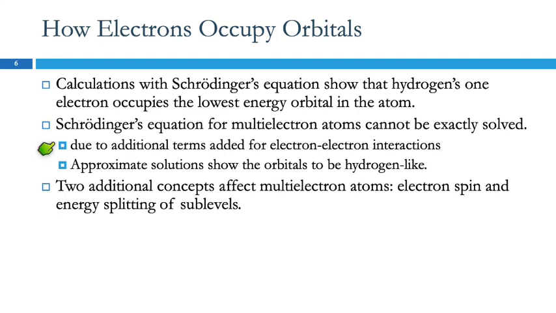The reason we can't solve it is because we've got additional terms that need to be added for electron-electron interactions. Basically, things get very, very complicated. So there's 2 things that happen in multi-electron atoms that are not present in hydrogen, and those are electron spin and energy splitting of sublevels.